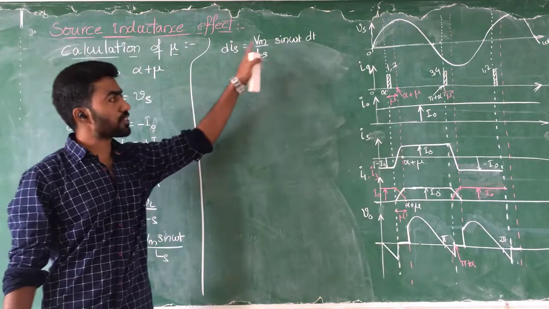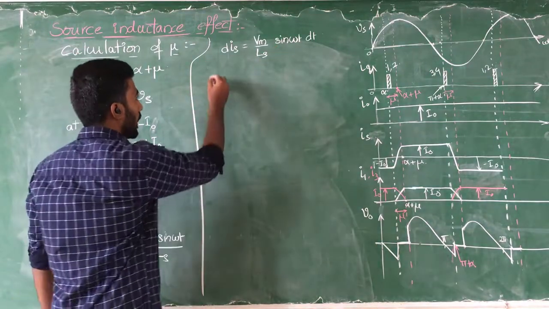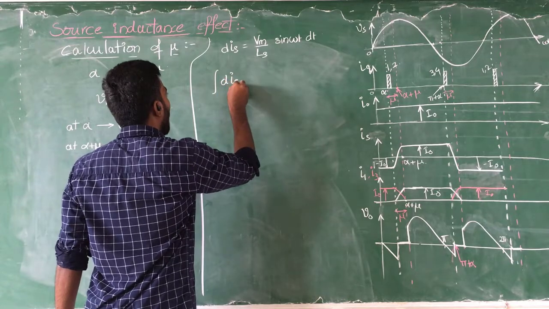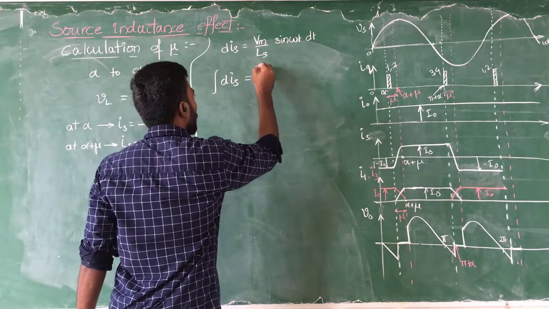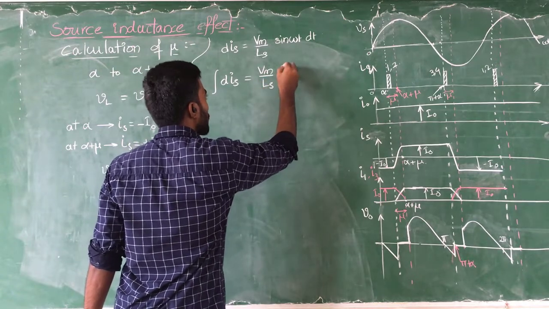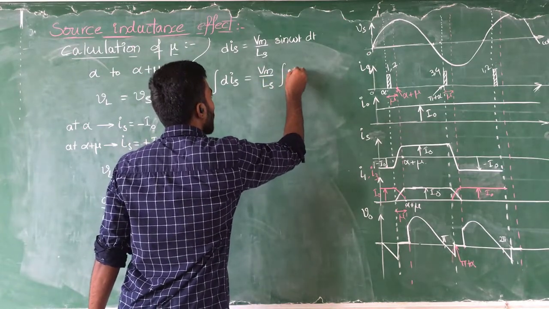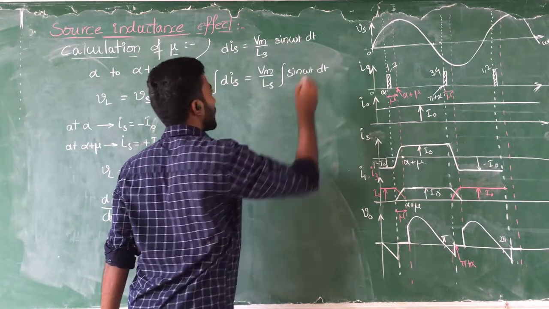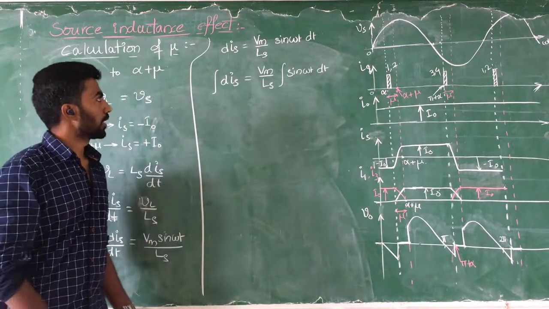If you take integration on both sides, integral dis is equal to Vm by Ls, which is constant, times integral sin omega t dt.